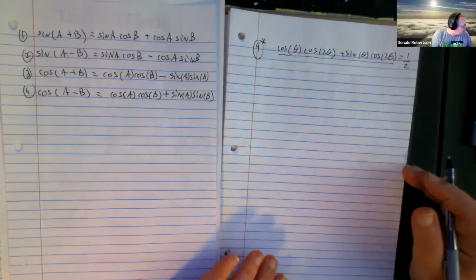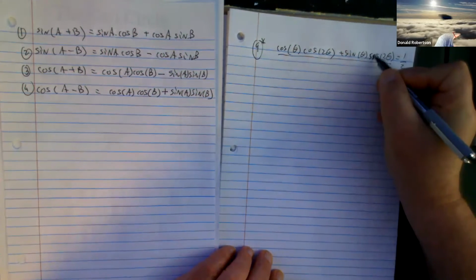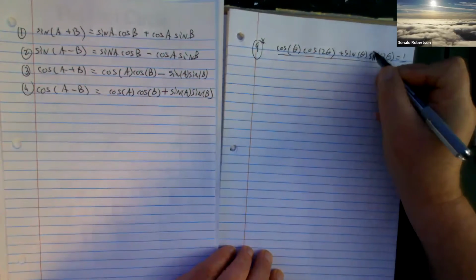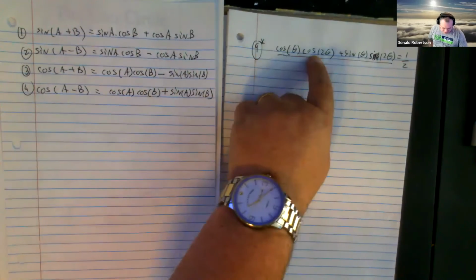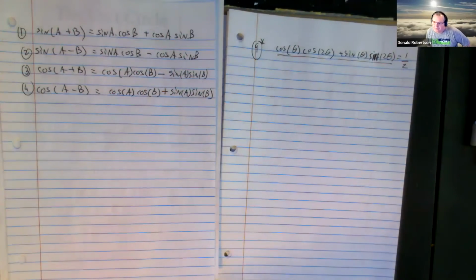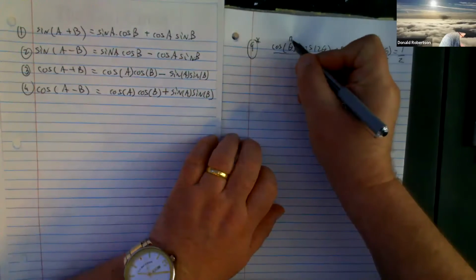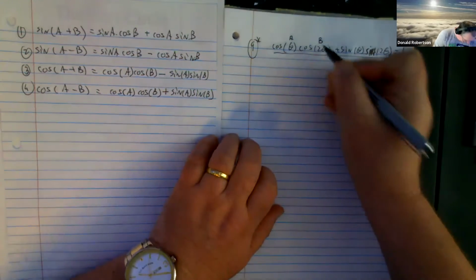And let me check I've written this down right. No, I've written it right. It's a cosine cosine plus a sine sine. Okay, which one is a cosine cosine plus a sine sine? Number 1, 2, 3, or 4? 4. Okay, and this is going to be A and this is going to be B.